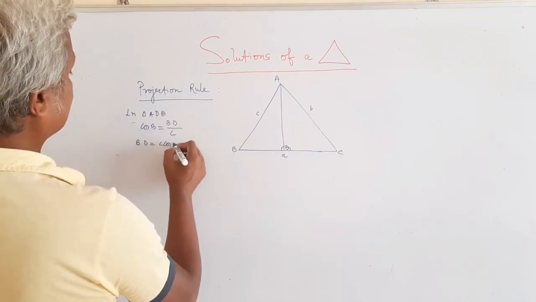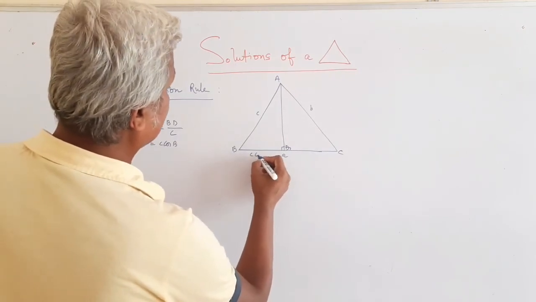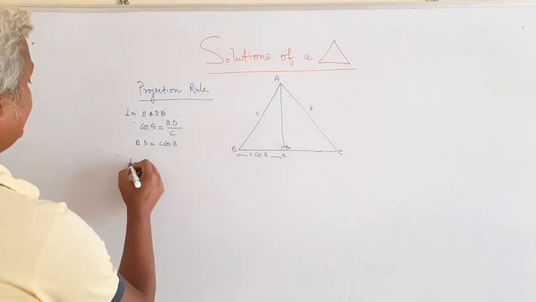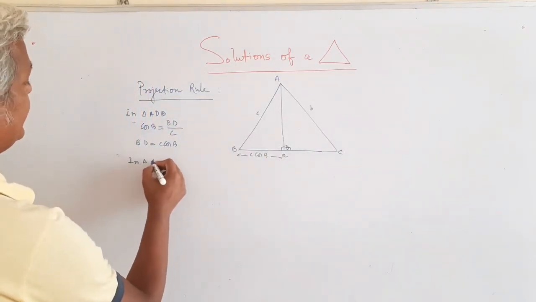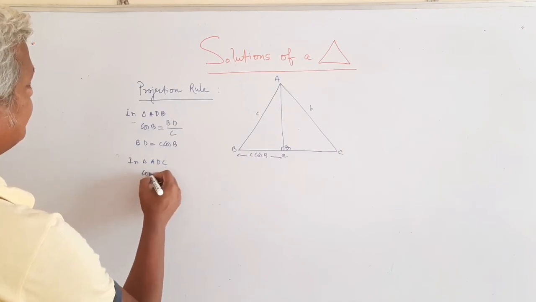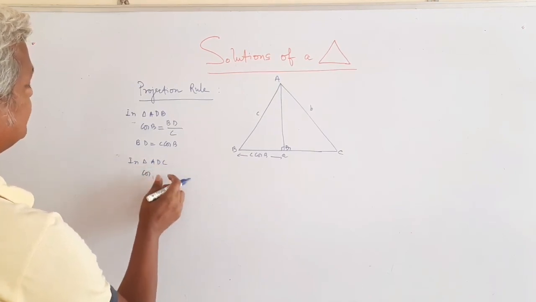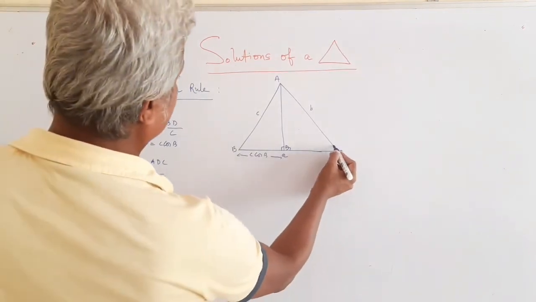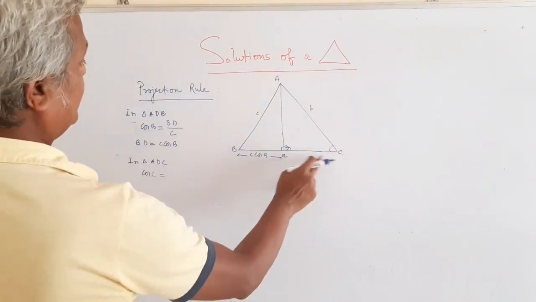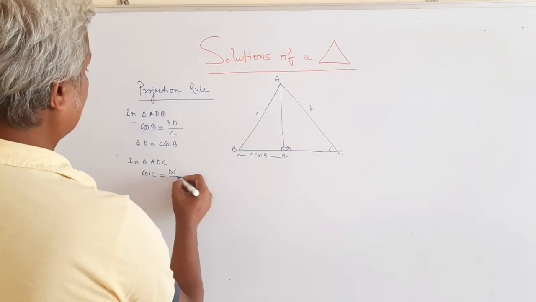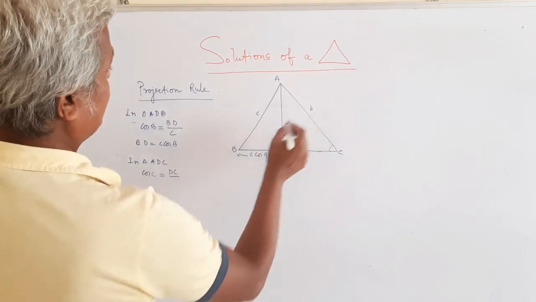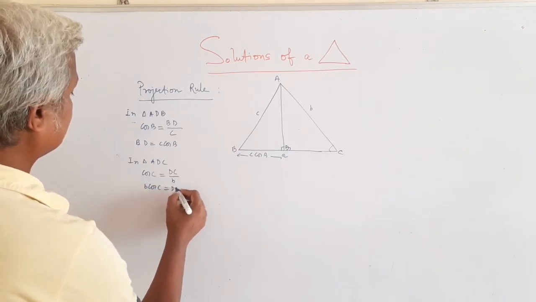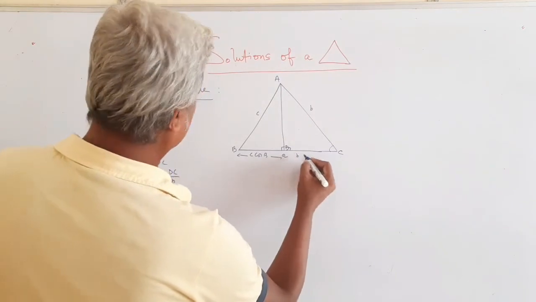BD is C cos B. Now in triangle ADC, cos C is DC upon hypotenuse, that is B. So B cos C is DC.